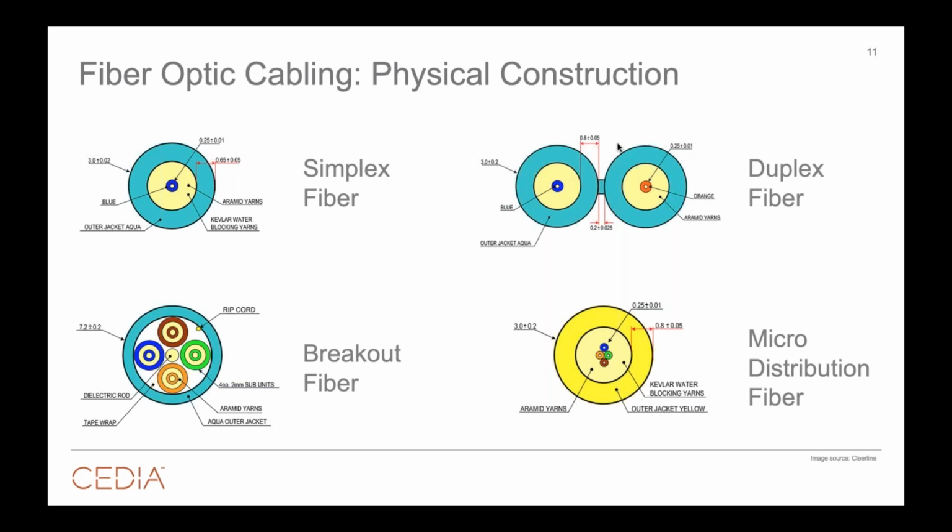So, let's look at a real example. 12 strands of fiber in a 4.4 millimeter jacket. That's tiny, right? That's really easy to pull, really easy to hide in the wall or get through your conduit. You have a lot of bandwidth capabilities and capacities in a very tight space.